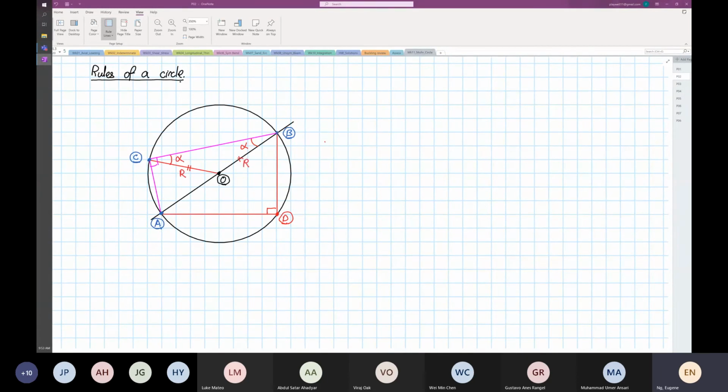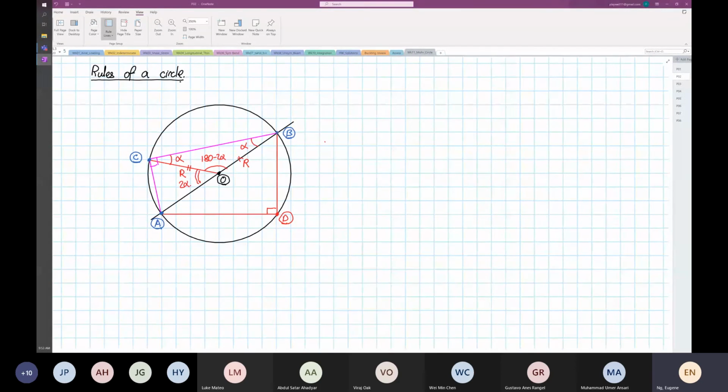This is also the radius. So basically, we have an isosceles triangle. So the angle over here is 180 minus 2 alpha. This angle over here is 2 alpha.